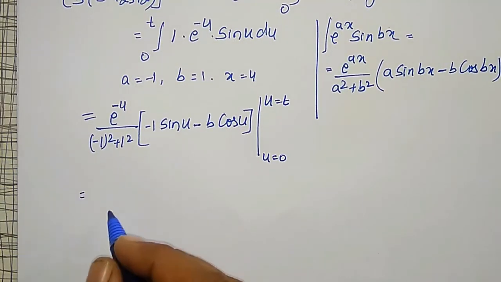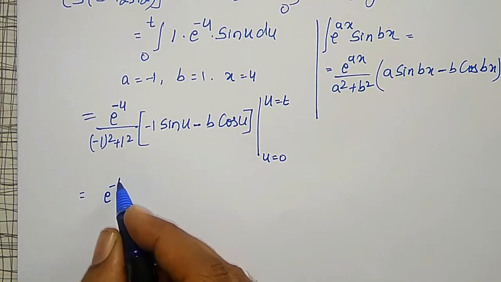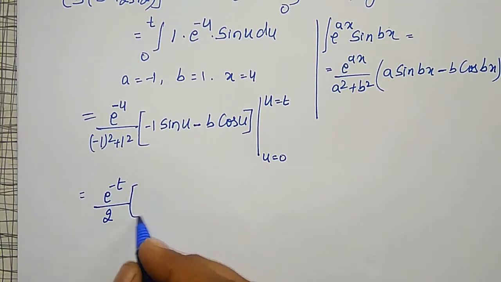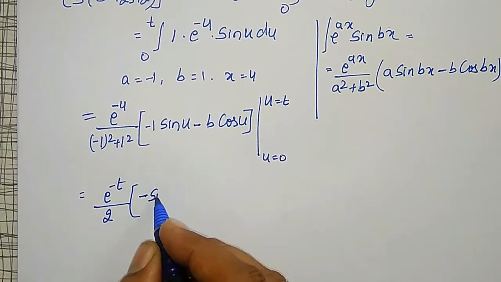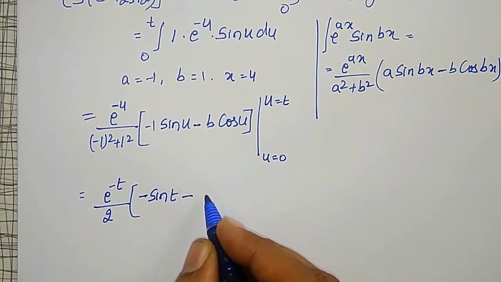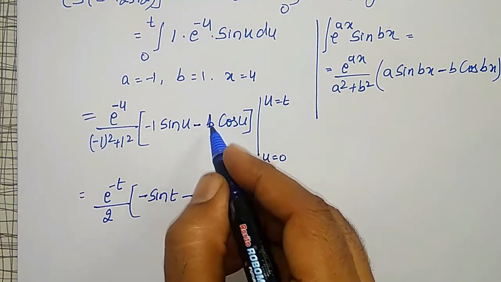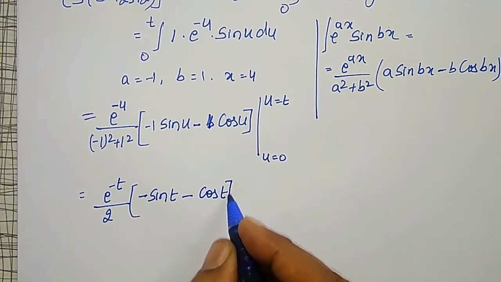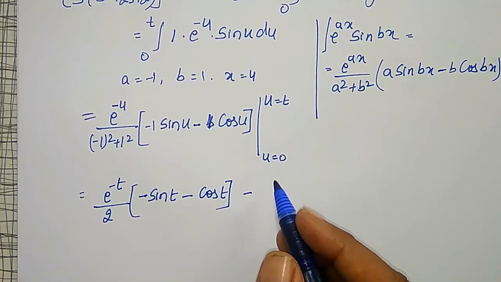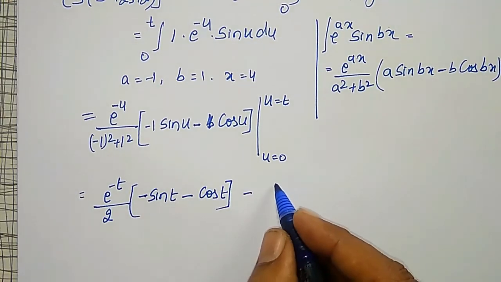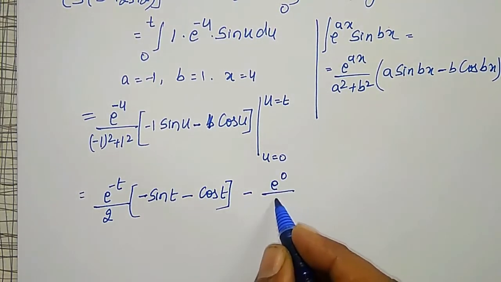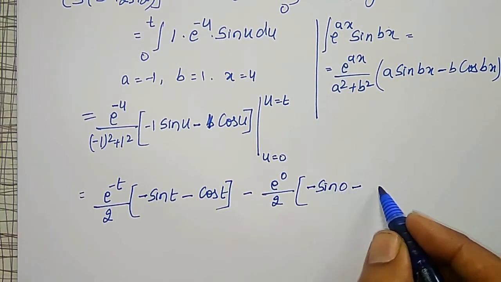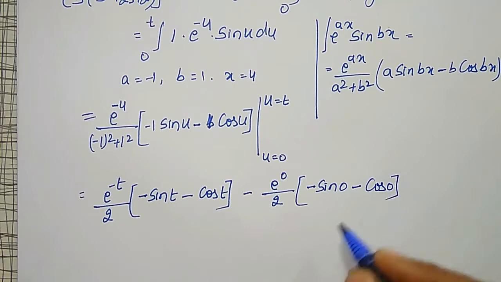That is e to the power minus t divided by 1 square plus 1 square, 2, into minus sin t minus, b is nothing but 1 here, cos t, this is upper limit, minus lower limit u equal to 0. Therefore, it is e to the power 0 divided by 2 into minus sin 0 minus cos 0.